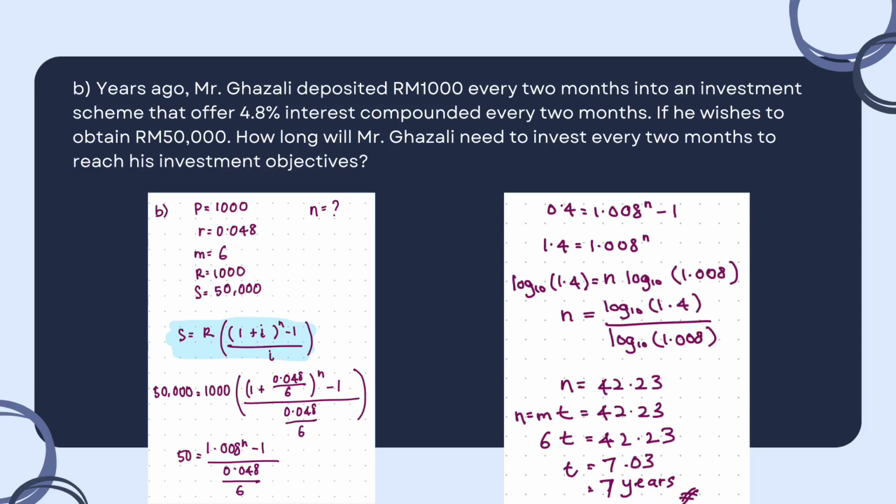Now we will use the formula. S is 50,000 equal to R, 1,000, bracket 1 plus I, which is 0.048 divided by 6, bracket to the power of n minus 1, divided by 0.048 divided by 6. Then we take the 1,000 to the left, so 50,000 divided by 1,000 we get 50, and we settle the bracket, we get 1.008 to the power of n minus 1 divided by I, which is 0.048 divided by 6.